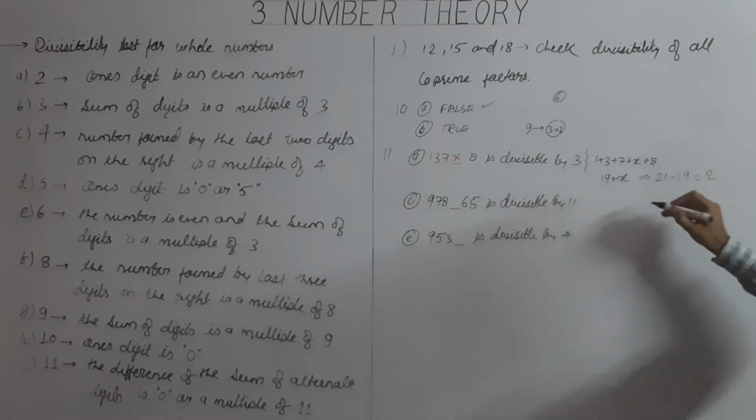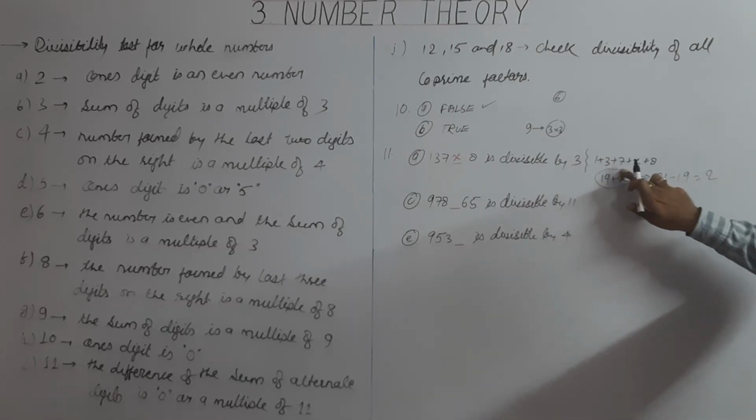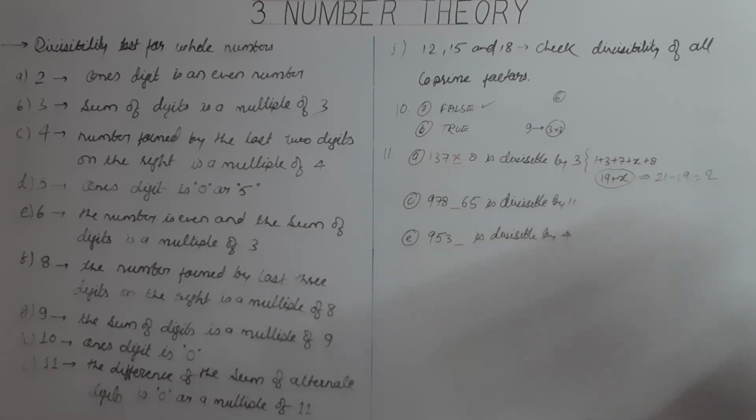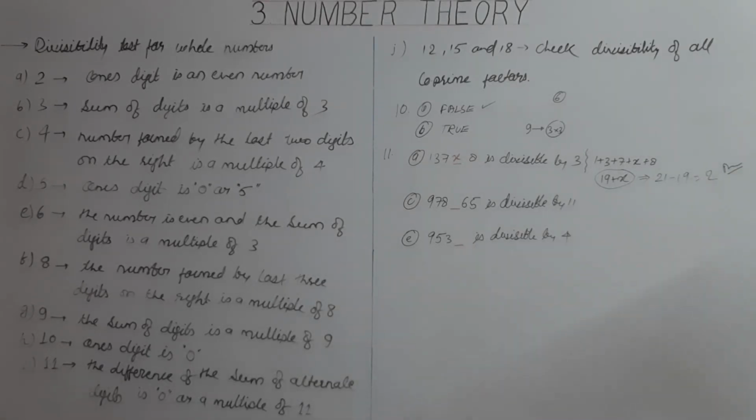Answer is 2. Or just try to assign a value of x such that the total becomes 21. So the least value of x is 2. Part C.